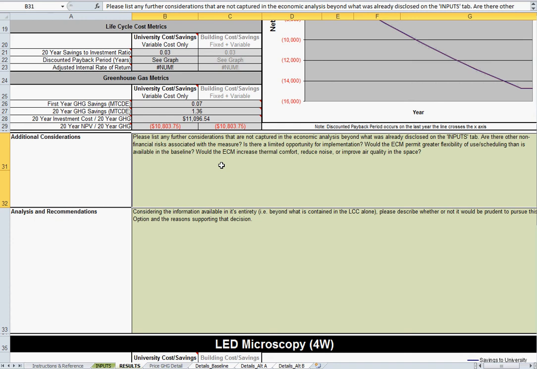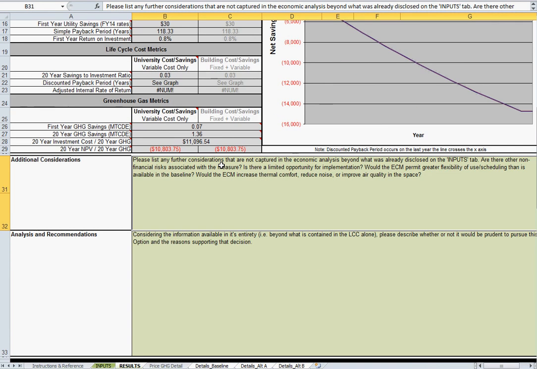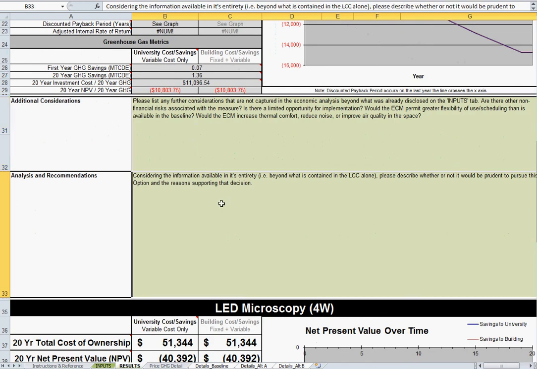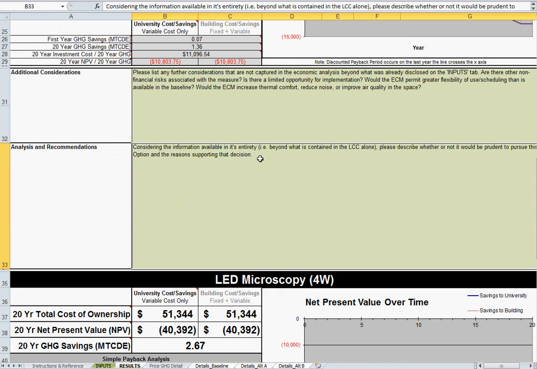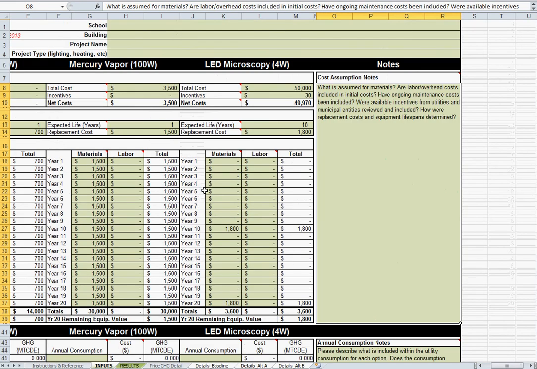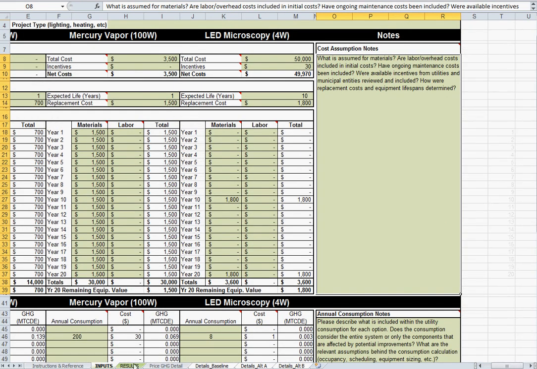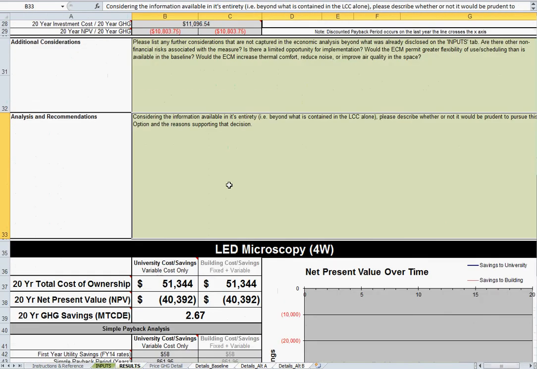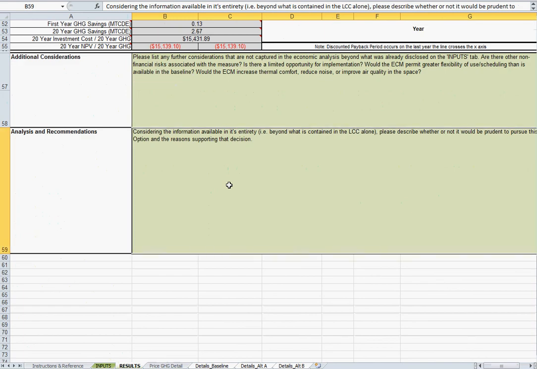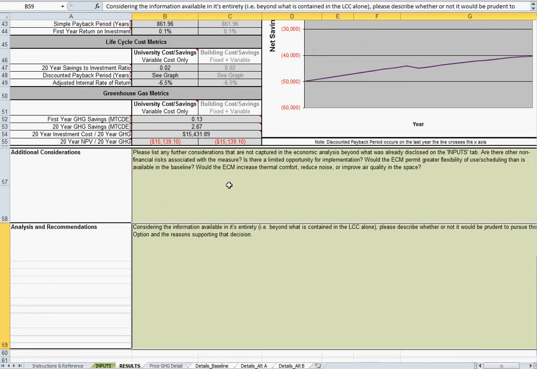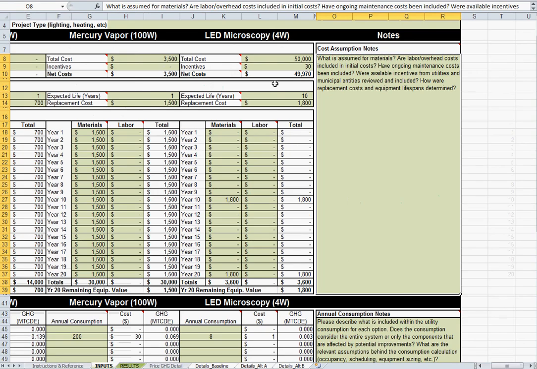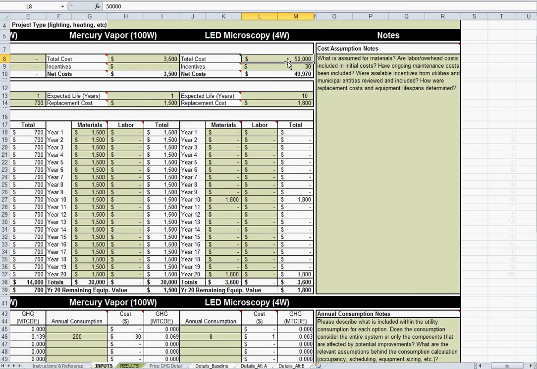So some of the non-financial, tough to quantify elements can be here. And finally, getting the opinion of whoever's preparing this: did this system work for them or not? Do we recommend it, just an overall analysis? What is our guidance going forward, so that the person reviewing it can have some idea of the thoughts of that person.